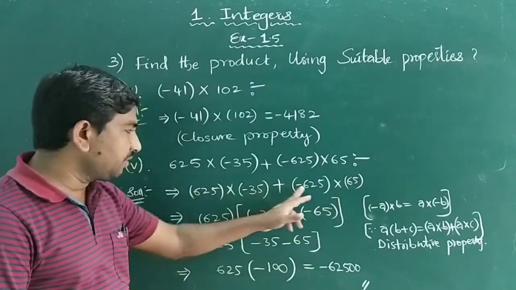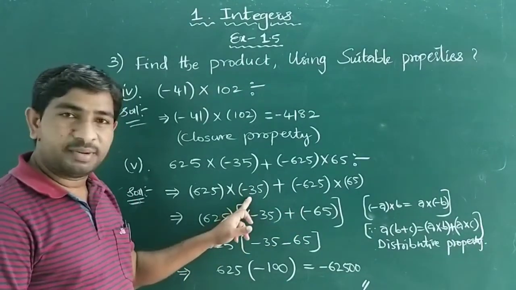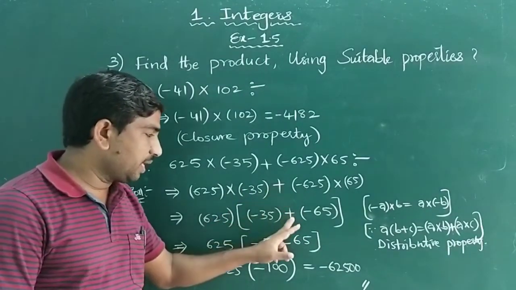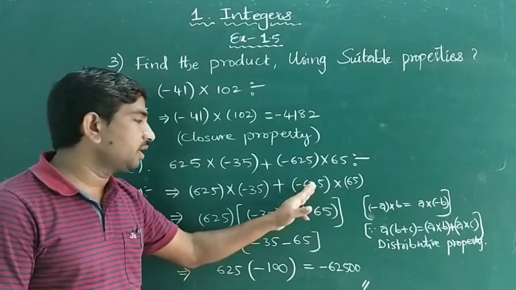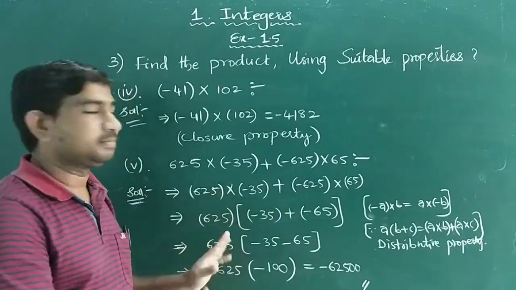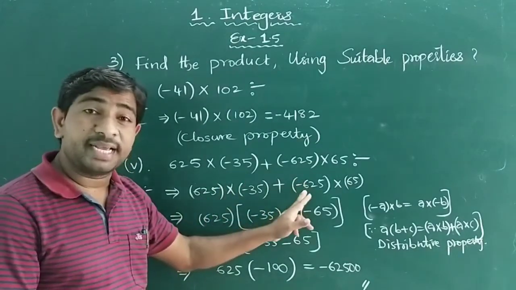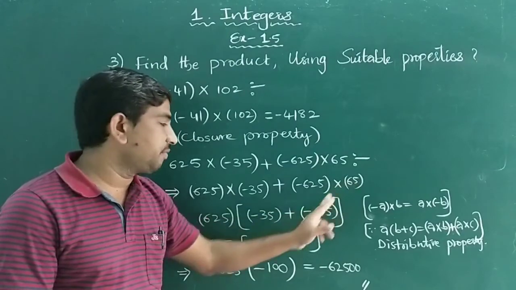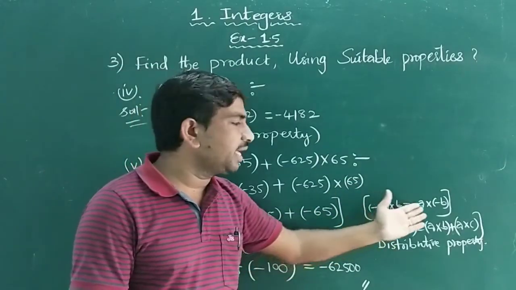Now 625 we take as common. So what will be left? Minus 35 plus... here minus 625 is there, but we have taken only positive 625 as common. Then what about this minus? It is converted to this 65, so minus 65. Why? Because minus a into b is equal to a into minus b. Both are the same.